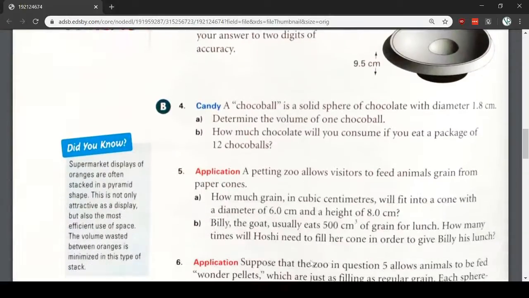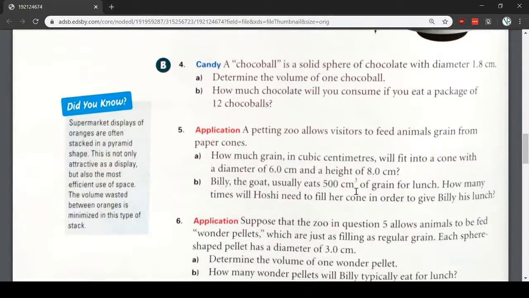Number 4, we have a choco ball. It is a solid sphere of chocolate with a diameter of 1.8 centimeters. Determine the volume of one choco ball, and then how much chocolate will you consume if you eat a package of 12 choco balls. So if we set that up, number 4, part A. We got a choco ball, its diameter 1.8 centimeters.